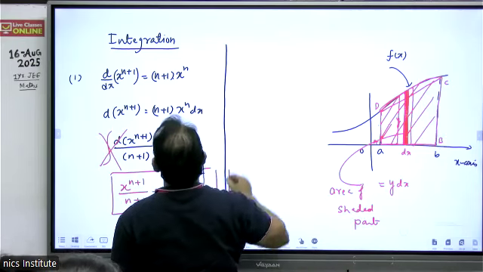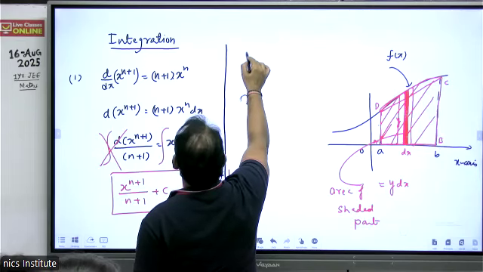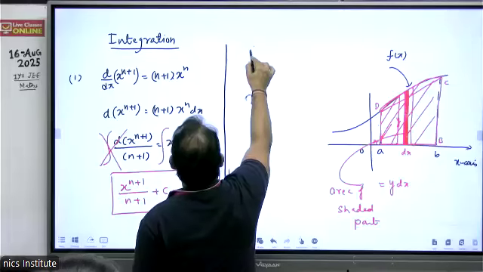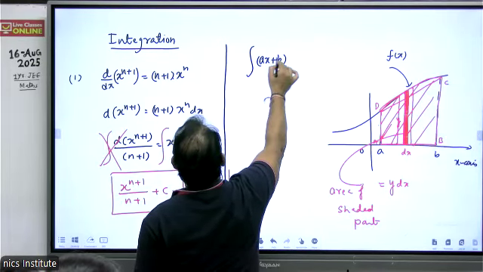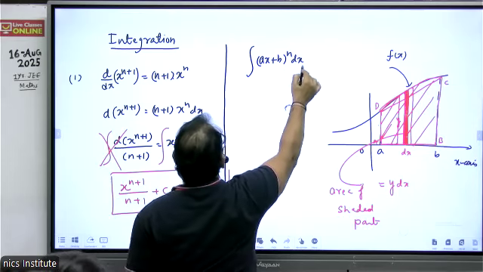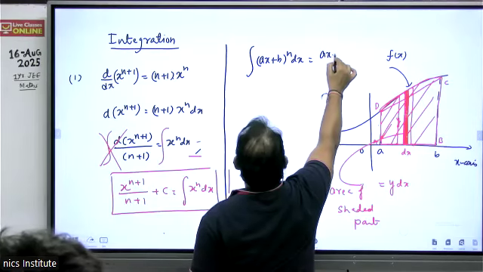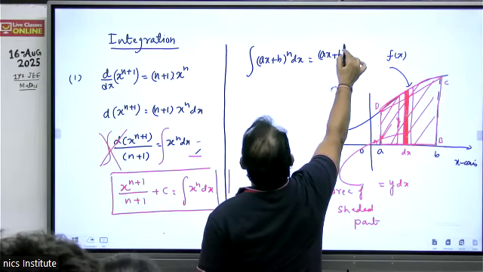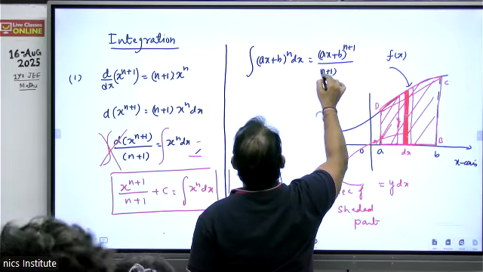Now, what if you replace x by ax plus b, then what happens? In differentiation, you multiply by a. In integration, you have to divide by the coefficient of x. So apart from n plus 1, you will also divide by a.